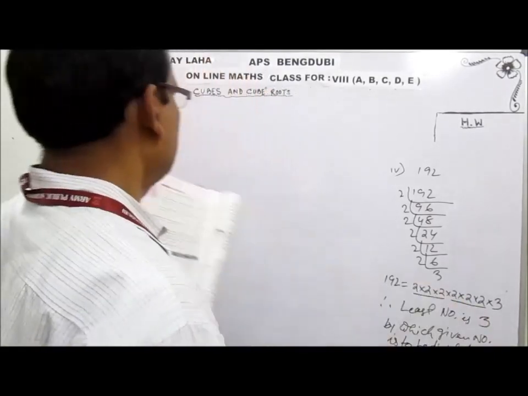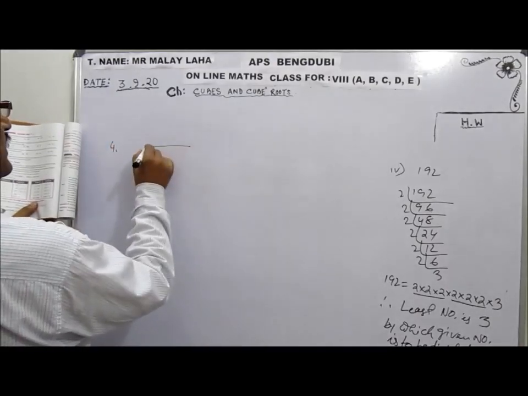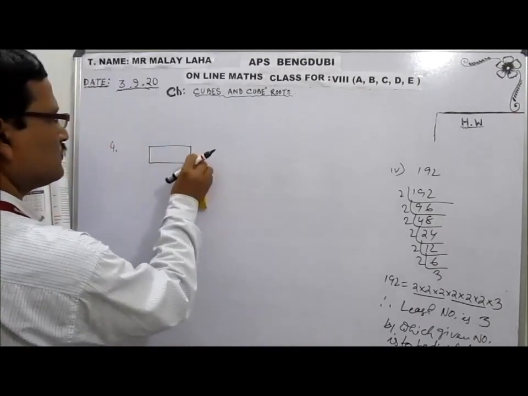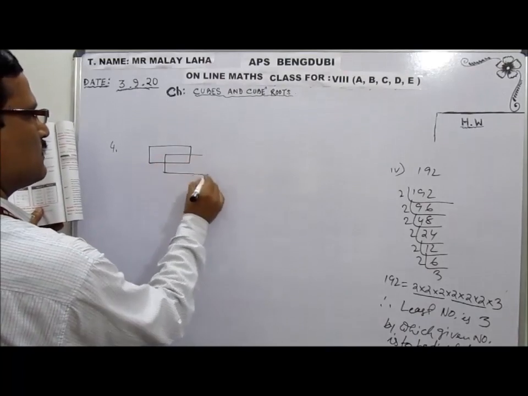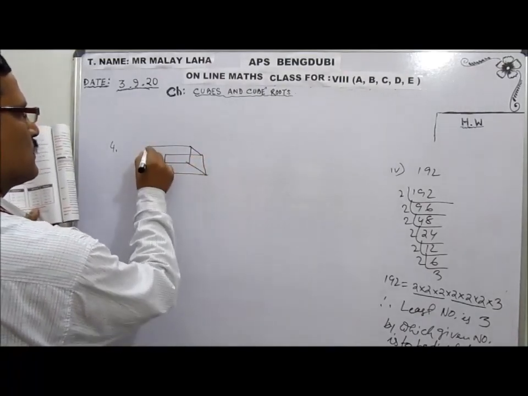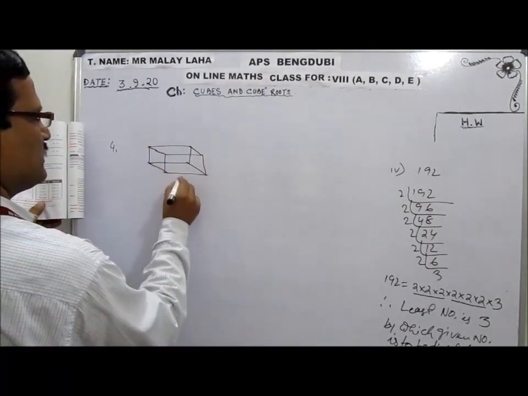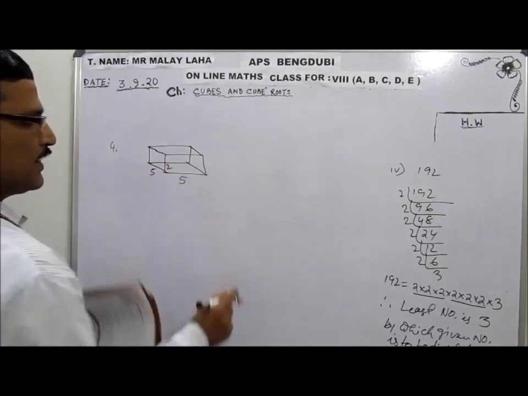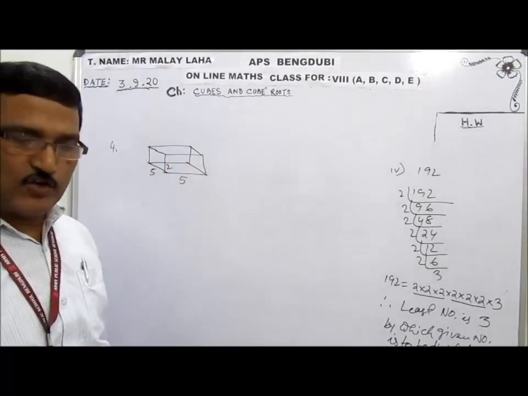You see, question number 4. So it is a cuboid. These are the dimensions: 5 centimeter, 2 centimeter and 5 centimeter. So how many such cuboids joined together will make a perfect cube?